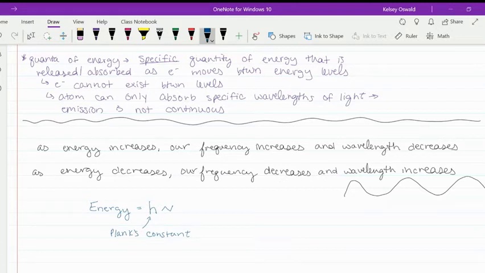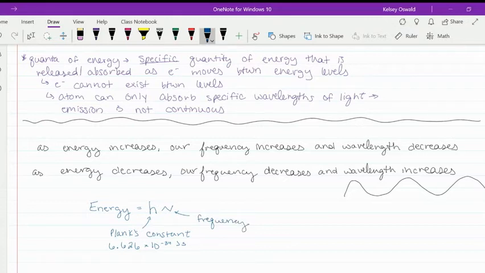And that h, or Planck's constant, is always going to have a value of 6.626 times 10 to the negative 34 joules second. Okay, so whenever we use this equation, we're always going to use that value for h. And then remember, this little nu tells us our frequency.